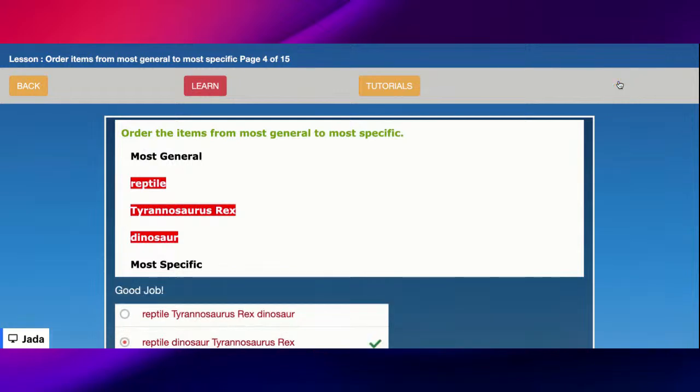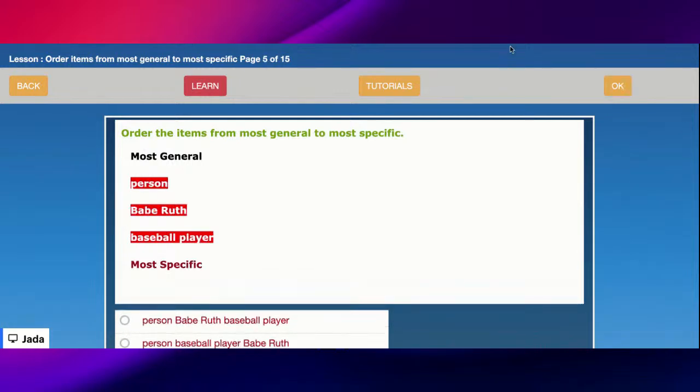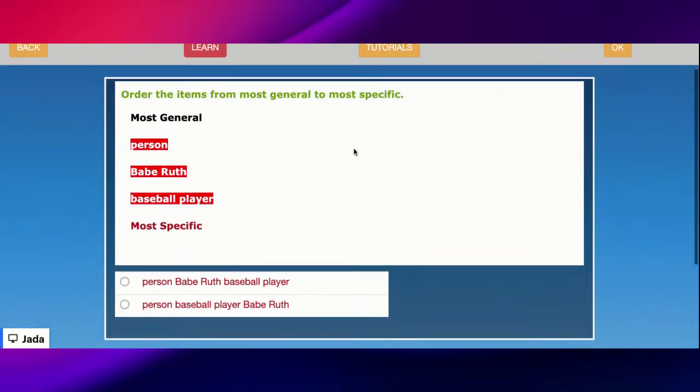You need to have the reptiles first before you have dinosaur, and then you have a specific type of dinosaur, which is the T-Rex. Okay? So this one, so what would this one be? So what's the answer?